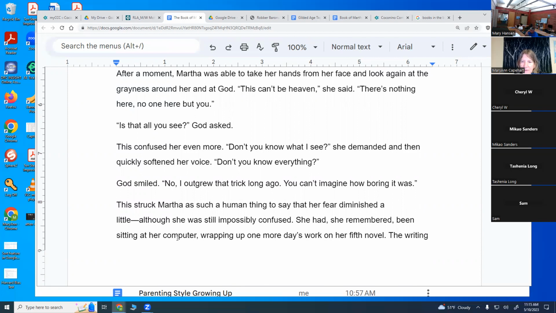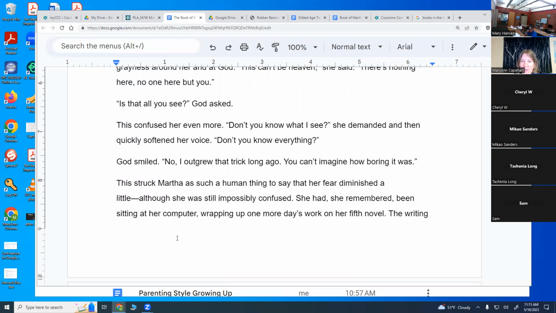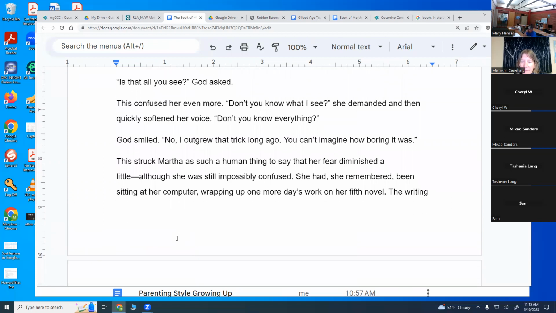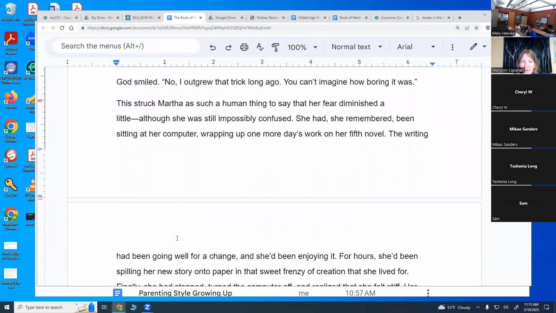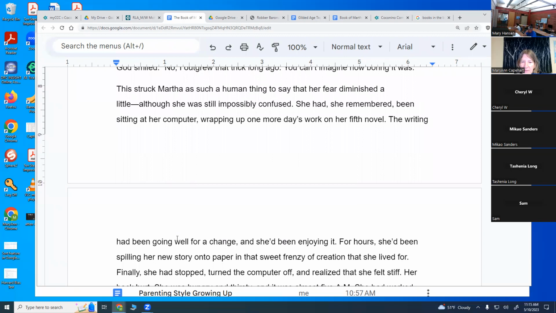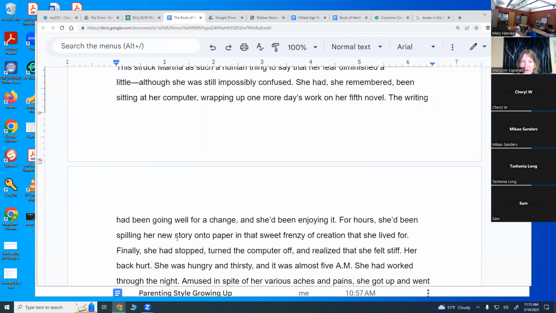She remembered, been sitting at her computer, wrapping up one more day's work on her 5th novel. The writing had been going well for a change, and she'd been enjoying it. For hours, she'd been spilling her story onto paper in that sweet frenzy of creation that she lived for.